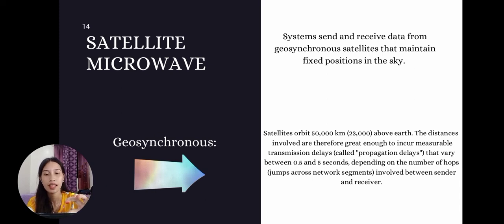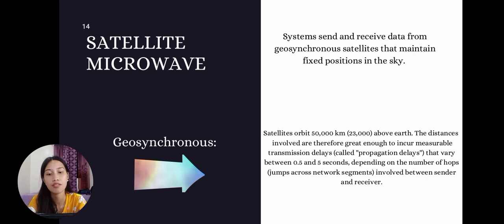So the other primary alternative for microwave transmission is satellite. Instead of aiming at transmitters or receivers within a clear line of sight on the ground, satellite microwave systems send and receive data from geosynchronous satellites that maintain fixed positions in the sky.